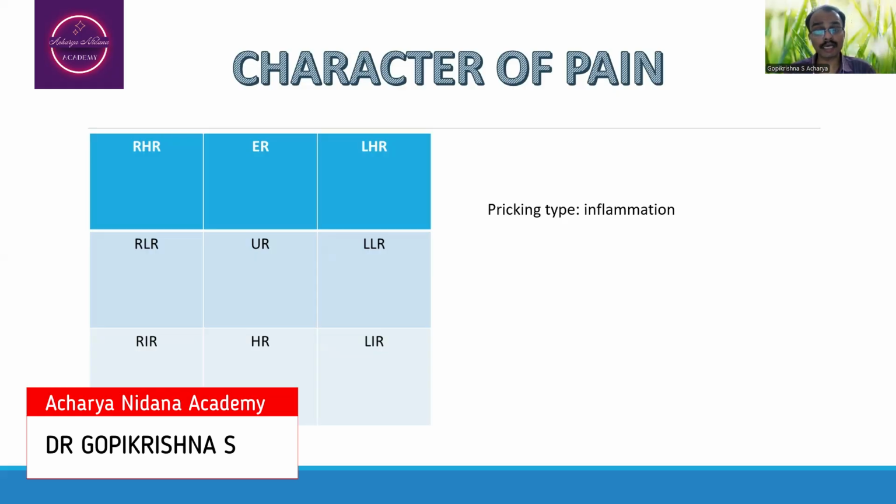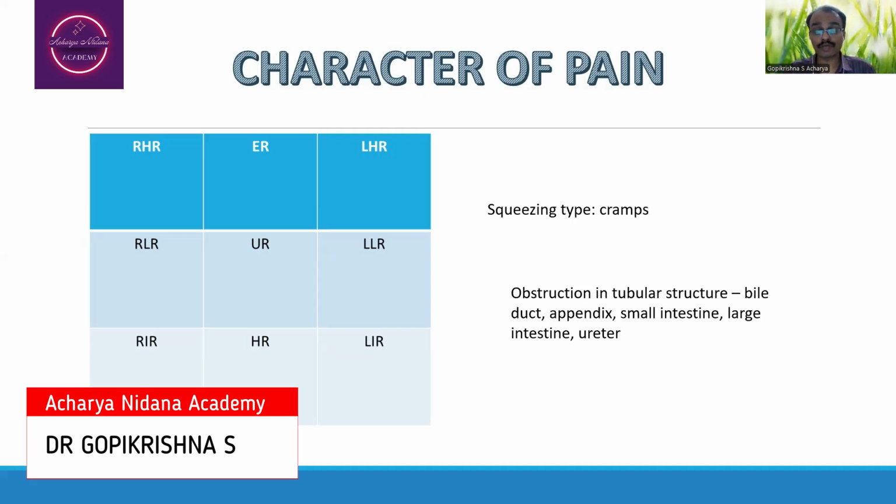Suppose there is a pricking type of pain, as if needles are being used to prick, that usually indicates inflammation in the area where the person feels the pain. As well as the squeezing type of pain, as if clothes are being squeezed to remove water during washing, that may indicate cramps, that may indicate electrolyte imbalance as such.